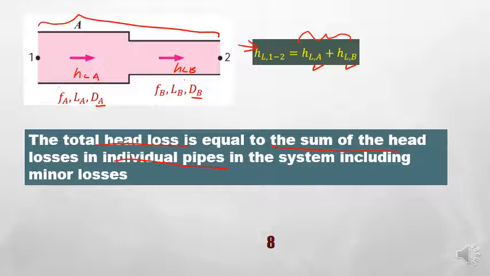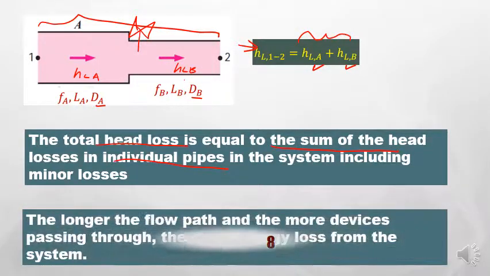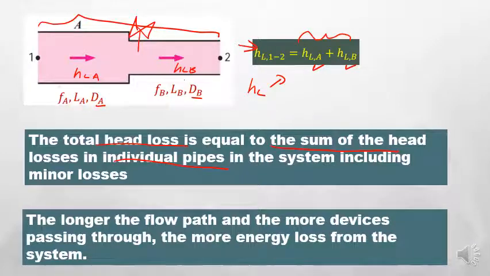So for example, if between A and B we have valves, we have to include the loss along it. And the longer the flow path and the more devices passing through, the more energy loss from the system. Okay, so the energy loss here is strongly influenced by the length.